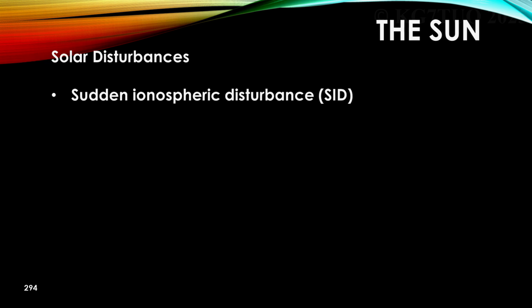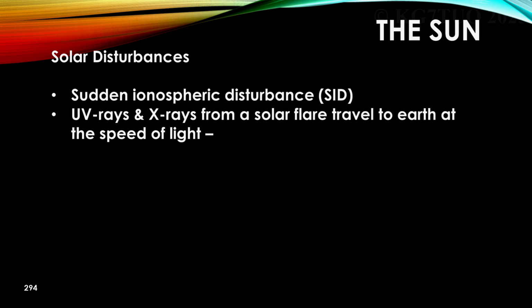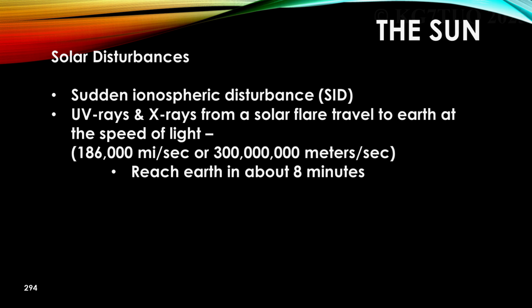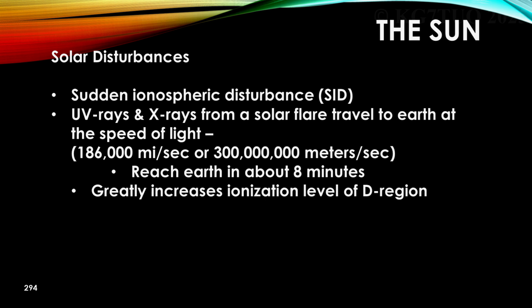So a solar disturbance, a sudden ionospheric disturbance, that's in the Earth's ionosphere, is a SID. UV rays and X-rays from a solar flare travel to Earth at the speed of light. They reach Earth in about 8 minutes and greatly increase the ionization level of the D region. Remember when we said the D region was the lowest one?